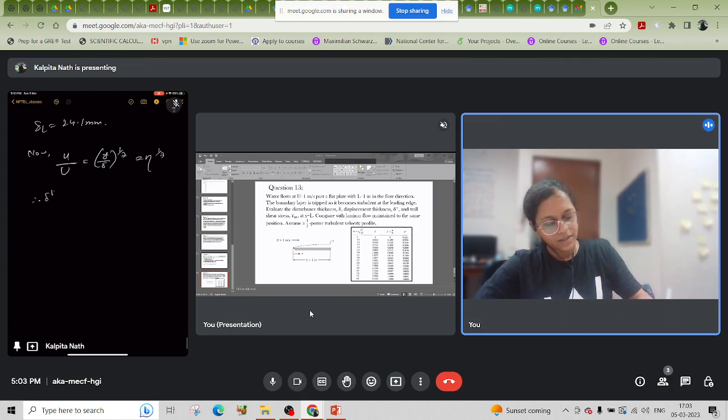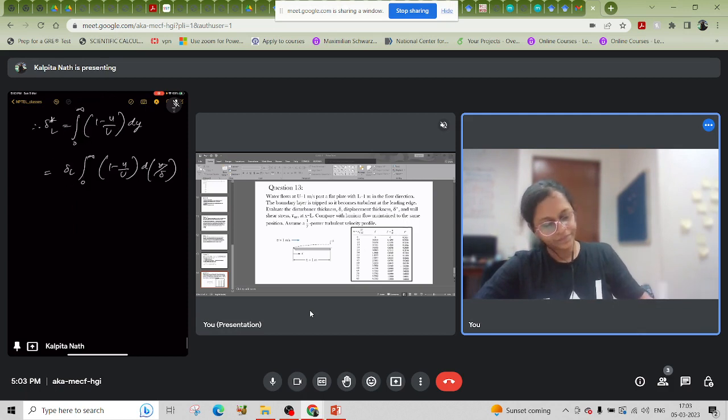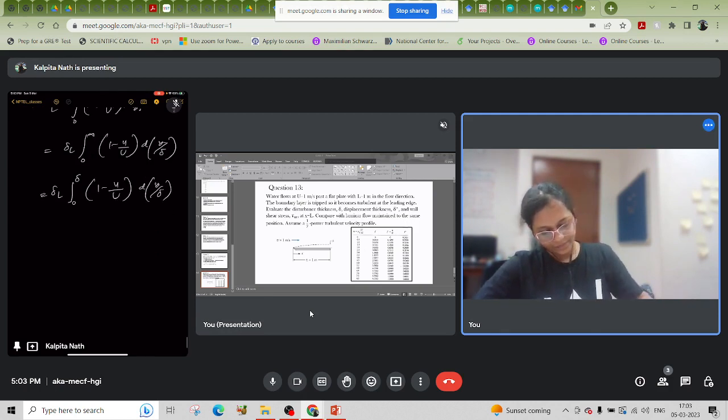Therefore delta star is equal to integral from 0 to infinity of 1 minus small u by capital U dy, which is delta L times the integral from 0 to delta of 1 minus small u by capital U d of y by delta.